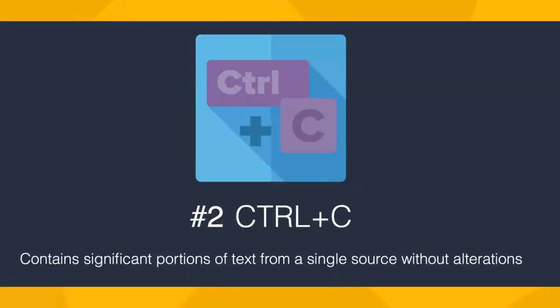The second one, it's actually the third most common, is Control C. This is where you won't necessarily take the entire work, but you're going to take huge or significant portions of that work and also claim them as your own.